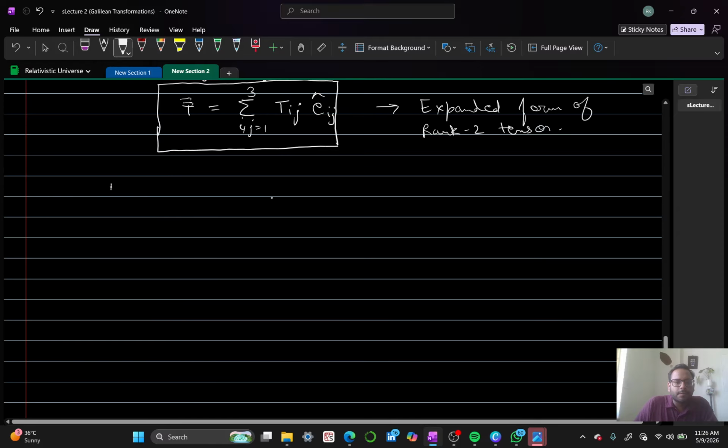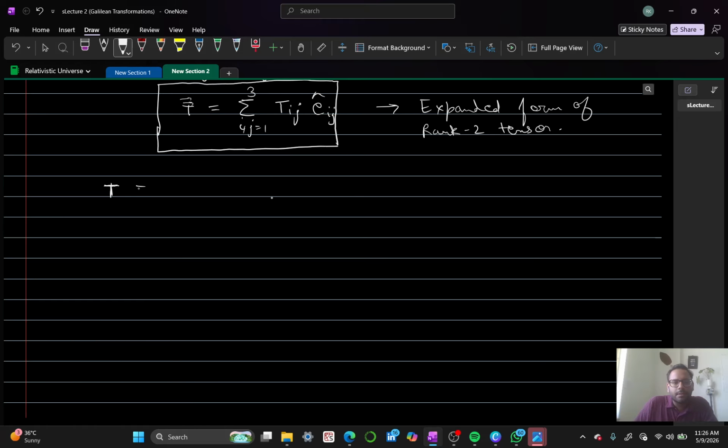So you can make a T matrix with all the components T11, T12, T13, T21, T22, T23, T31, T32 and T33.